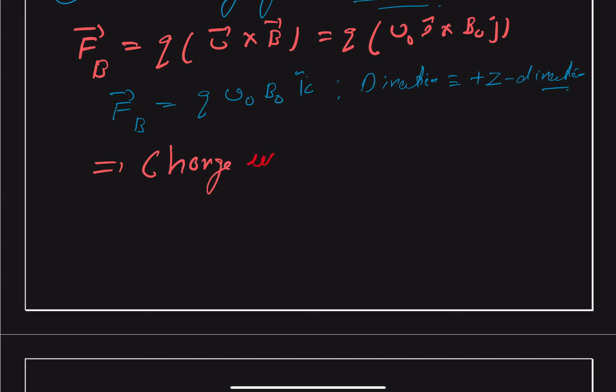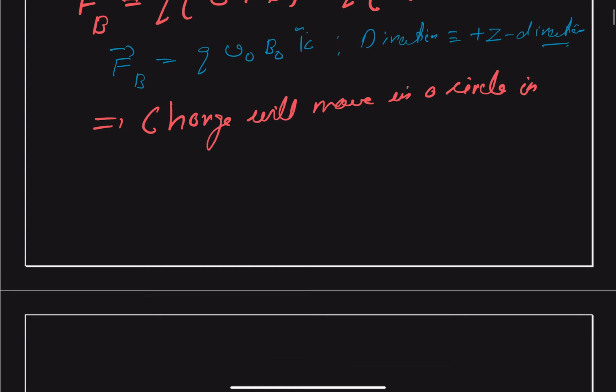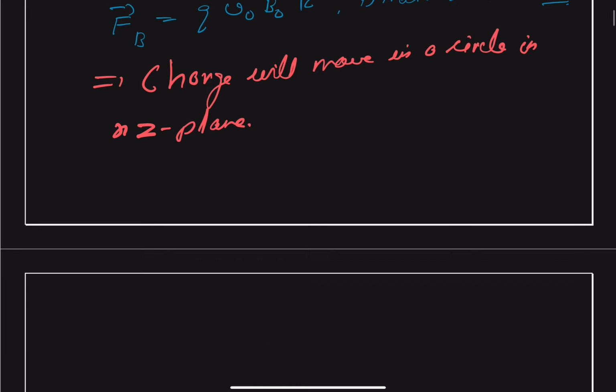So we can just draw an approximate figure for that. This is our x-axis and this is our z, and the magnetic field starts from point a.